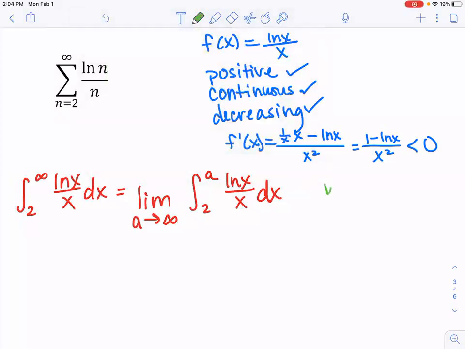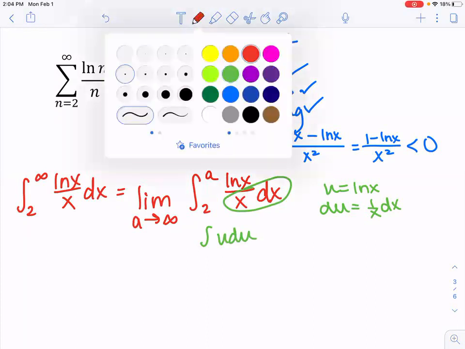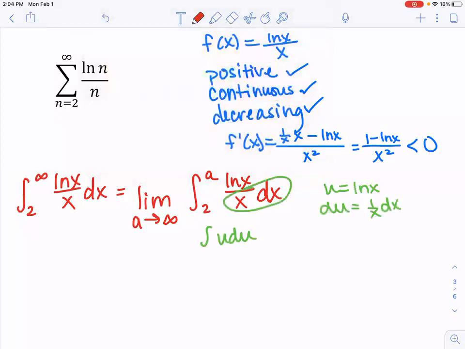If u is the natural log of x, then du is 1 over x dx, which we have right there. Side note, this is the integral of u du, right? So we have the limit as a approaches infinity of, our antiderivative would be 1/2 u squared.